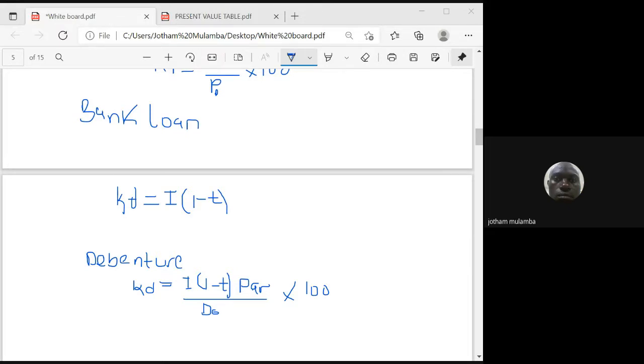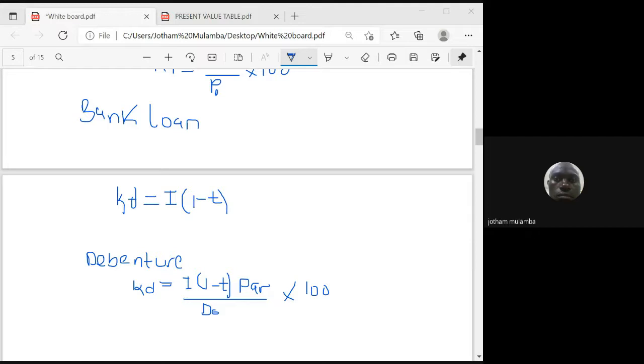PAR is the face value or market rate of debenture.